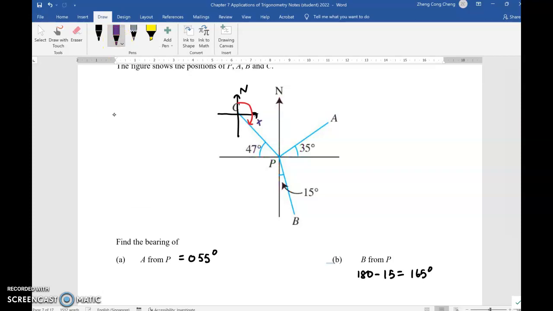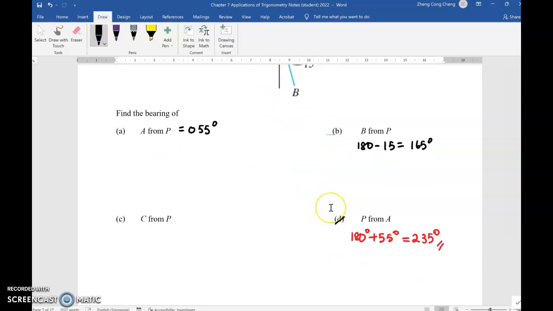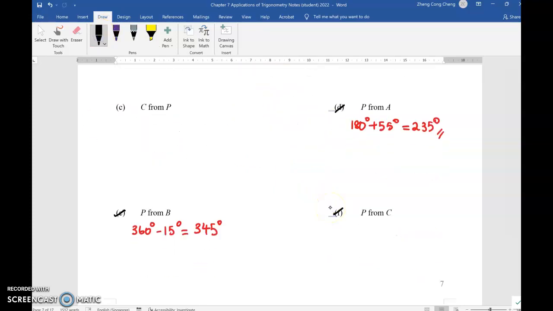And we know that it is 90 degrees plus the purple angle. And how do we get the purple angle? We get it by alternate angles again. So using alternate angles, we know that the purple angle is 47 degrees. So therefore, the bearing of P from C must be 90 degrees plus 47 degrees, which is 137 degrees.